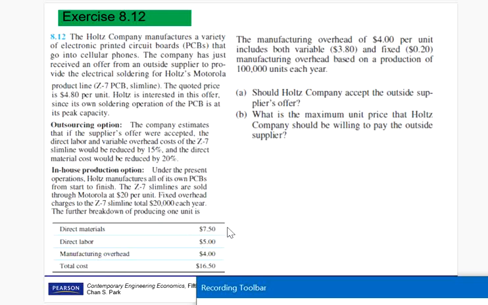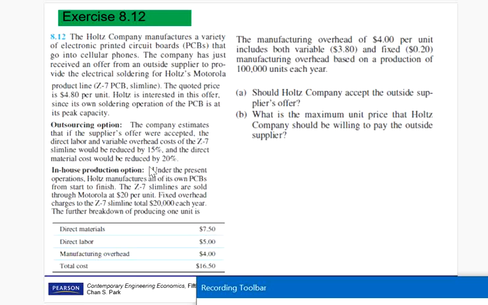Direct material is 7.50, and they said that direct material cost would be reduced by 20% if outsourcing is taken, and direct labor would be reduced by 15%. So this number will be reduced by 15%, and this number will be reduced by 20%.